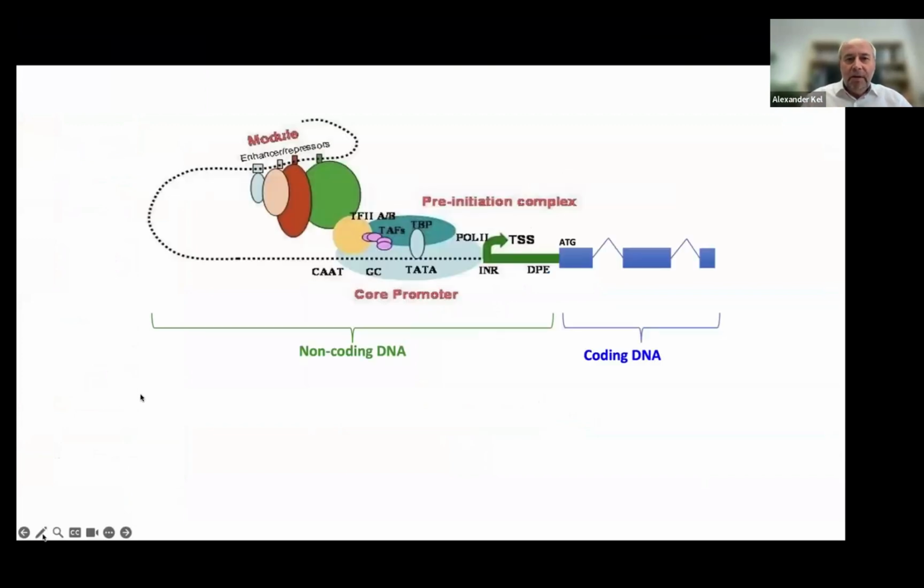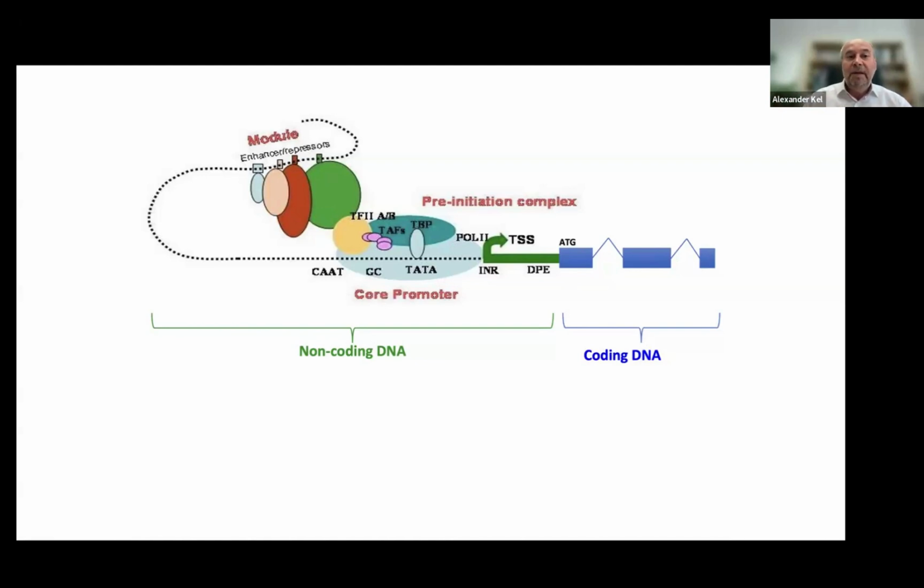Let me start. That's a very old picture, but nothing changes in the world. Well, a lot of changes happen because we get new knowledge, but generally there's a gene, and there is a coding region of a gene, and there is a start of transcription which regulates the expression of the gene. The regions around the start of transcription are called promoters, which have some core promoter elements believed to be very important.